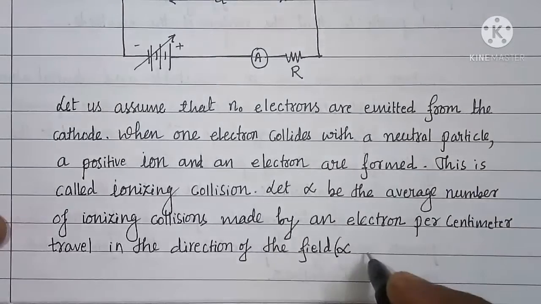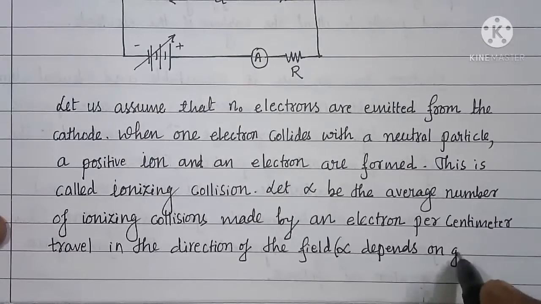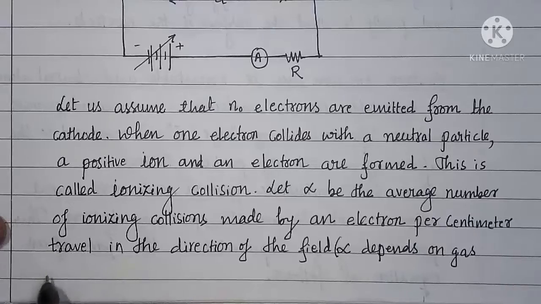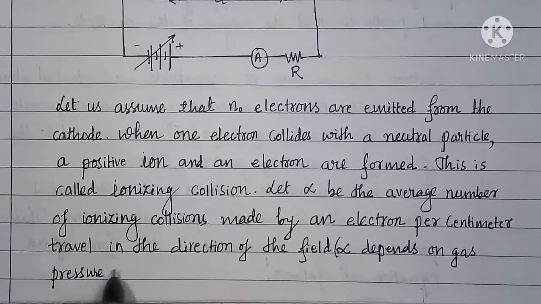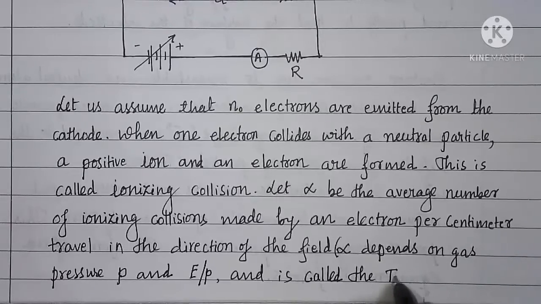This alpha depends on gas pressure p and E by p, and is called Townsend's first ionization coefficient, and E here is the electric field magnitude.